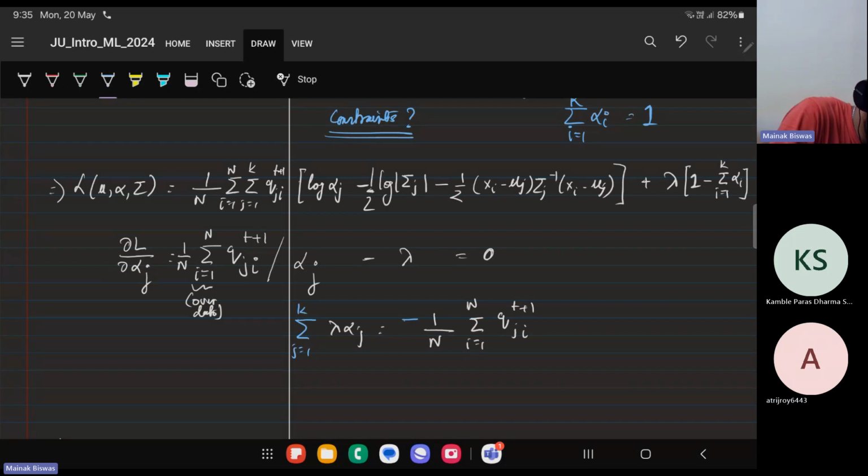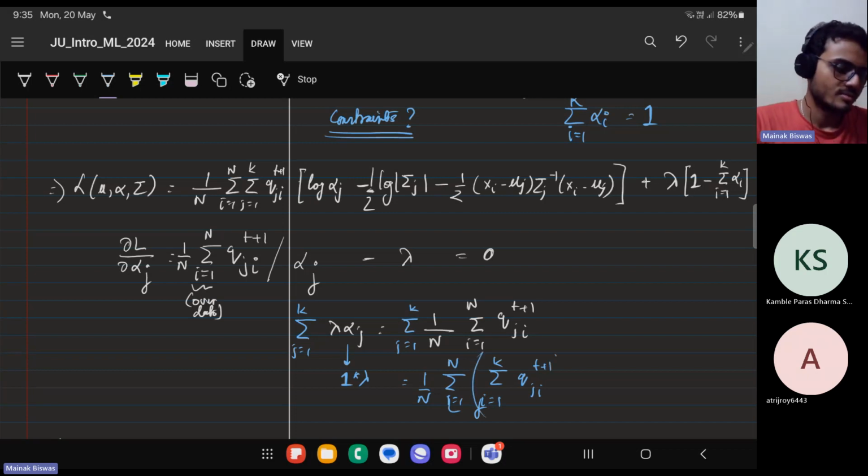If I put a summation over 1 to k, the left hand side becomes 1 into lambda. The right hand side becomes 1 over n summation of i equal to 1 to n, summation of j equal to 1 to k, q j i t plus 1.